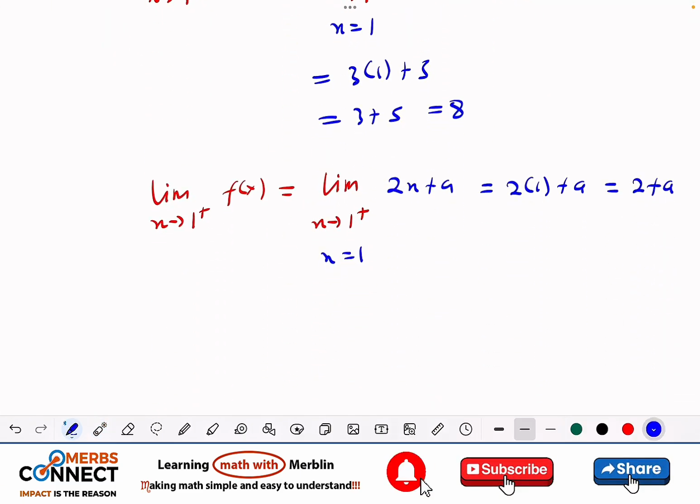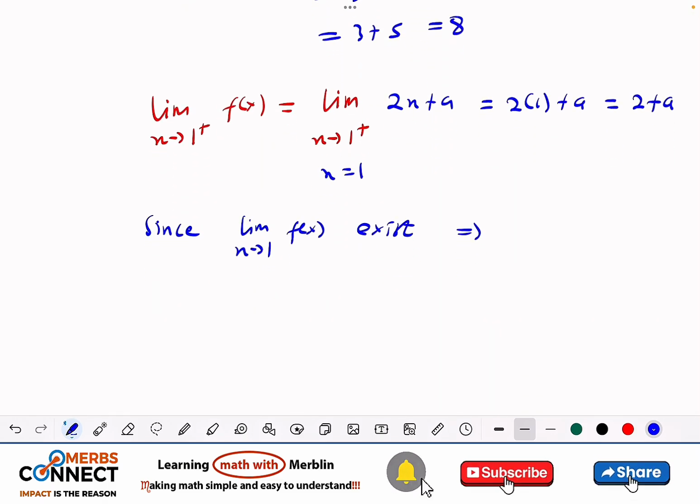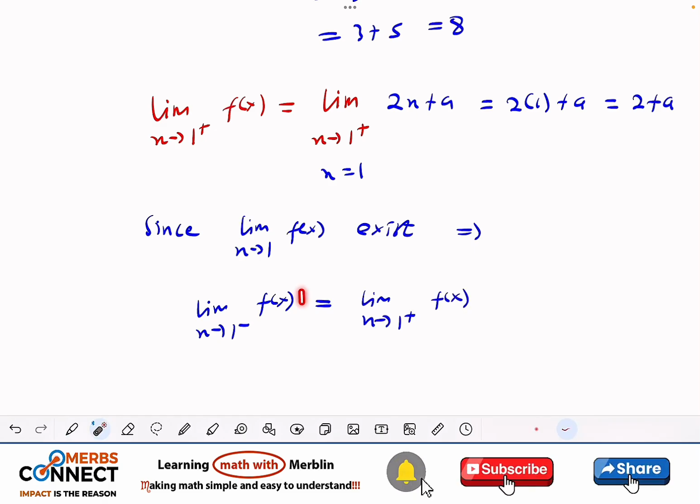So we are saying that since the limit as x is approaching 1 of f of x exists, this implies that the limit as x is approaching 1 from the left of f of x should be the same as the limit as x approaches 1 from the right of f of x.